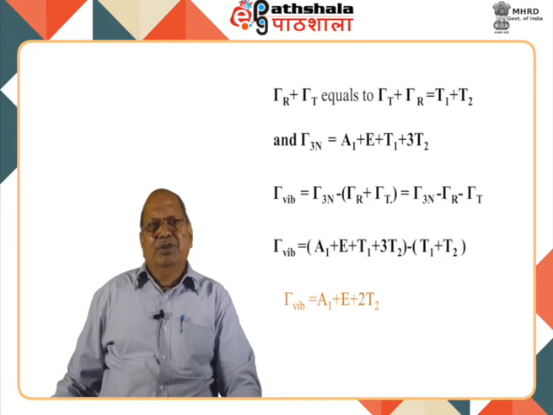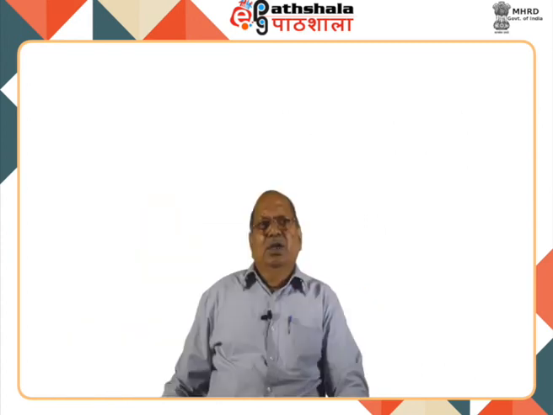To get tau vibration, we take tau 3n and subtract the sum of tau r plus tau t, and the result is A1 plus E plus T1 plus 3T2 minus T1 minus T2, which is A1 plus E plus 2T2. There are 5 atoms in the CCl4 molecule, so there should be 3n minus 6, that is 9 vibrational modes.